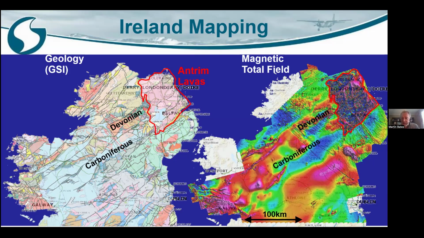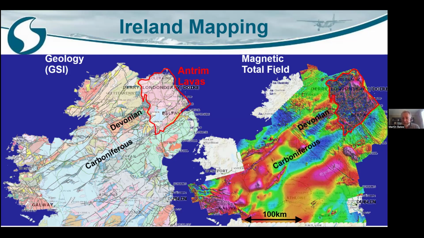So here we're just looking at the effect of the, you can quite clearly see where those lavas are, the Antrim lavas stick out fantastically in that magnetic intensity field. Like, that's really, really obvious in the boundary of where they occur. And of course, they're very well mapped because they're very clear, they're easy to map.